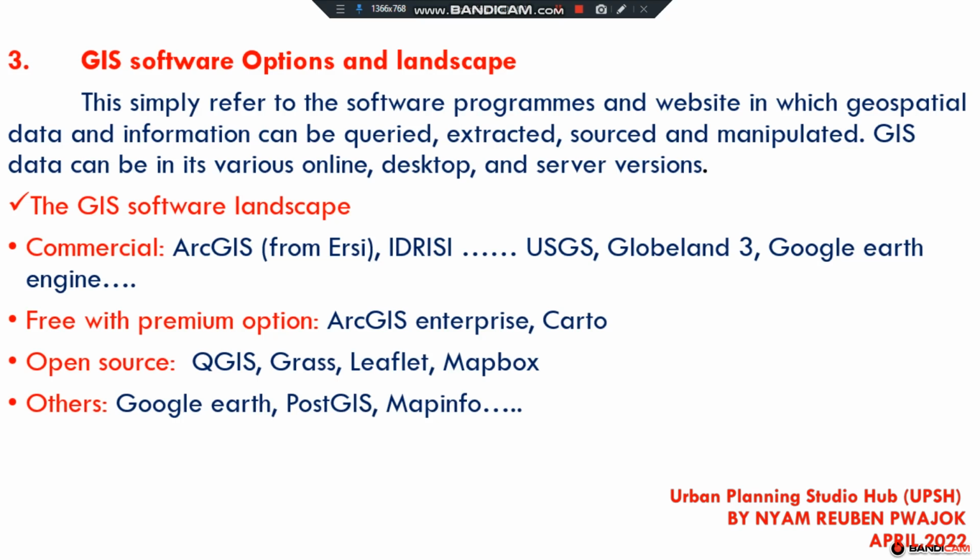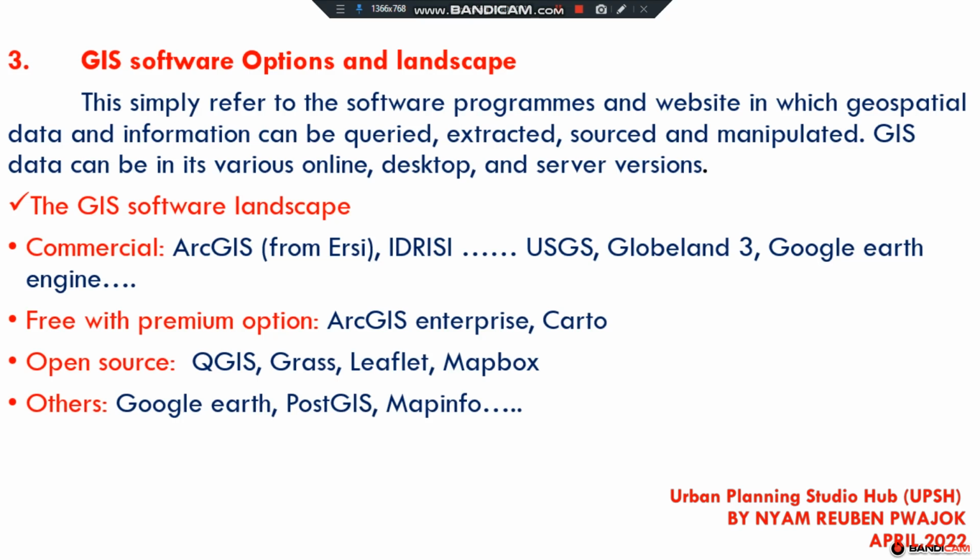They are open source because they are free. In another case, you can call them desktop free. You can get them on the net, download them and begin using them. Then we also have other platforms like Google Earth, PostGIS, MapInfo. We have a whole lot of platforms, whether online, desktop or server versions.